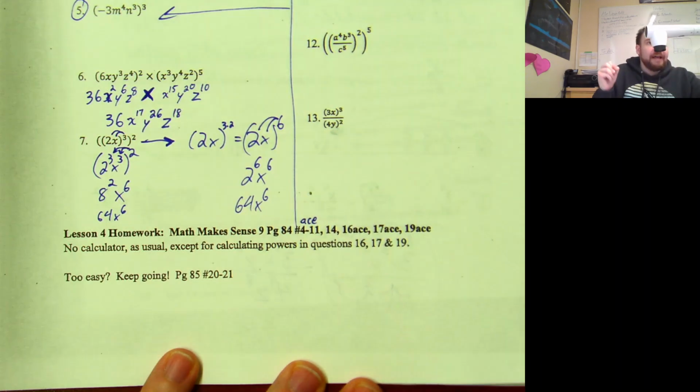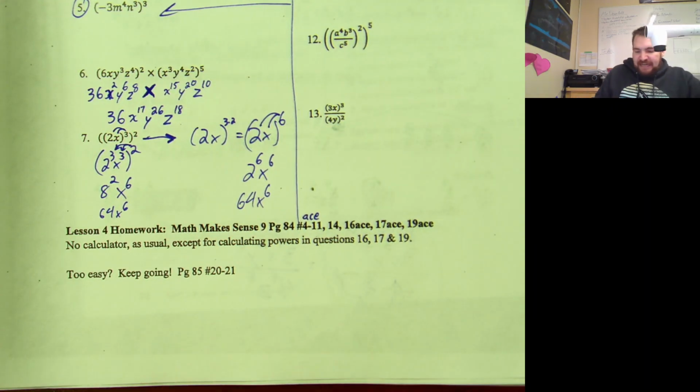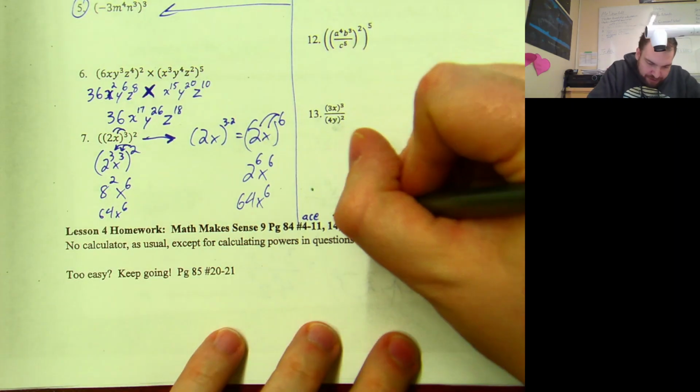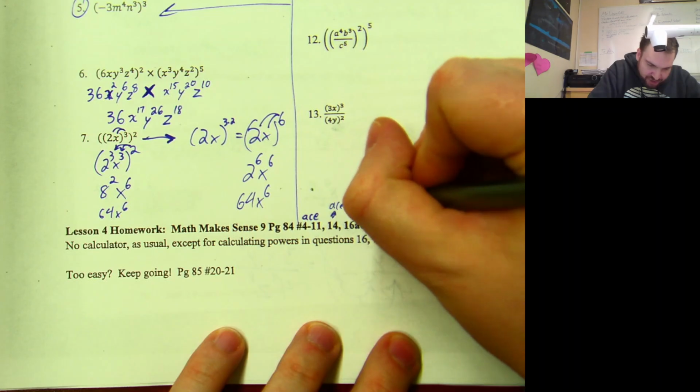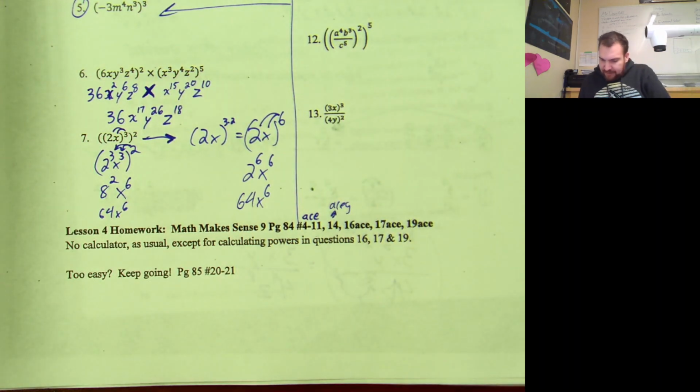Wherever there are multiple letters, do A, C, and E. So 4, ACE, 5, ACE, 6, ACE. 7 is only one question. 8, you'll do ACE. 9 is only one question. 10, you'll do ACE. 11 is only one question. 14, I want you to do ACEG. 16, I already shrank for you.